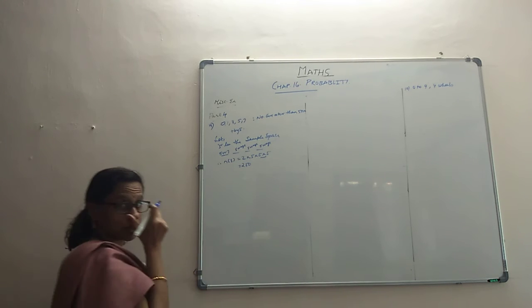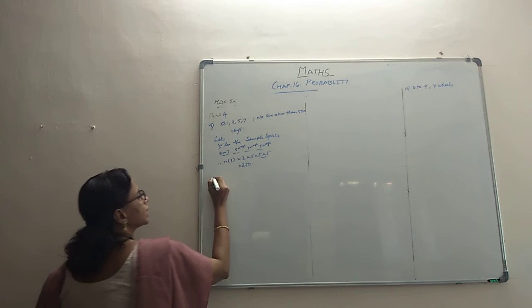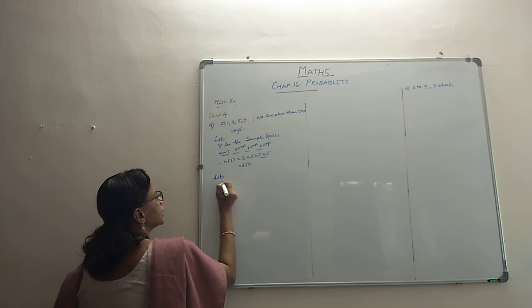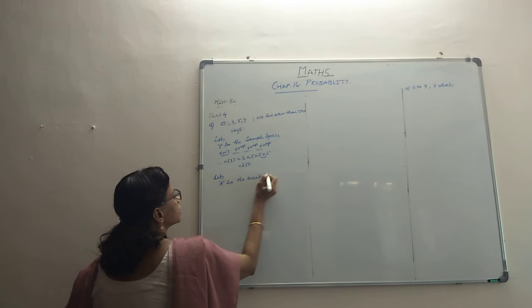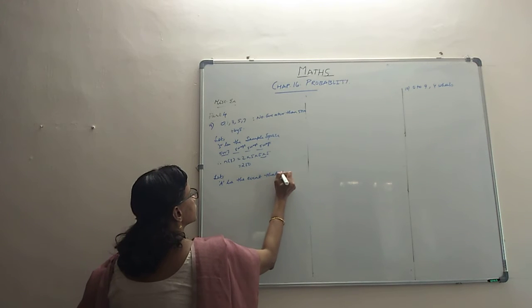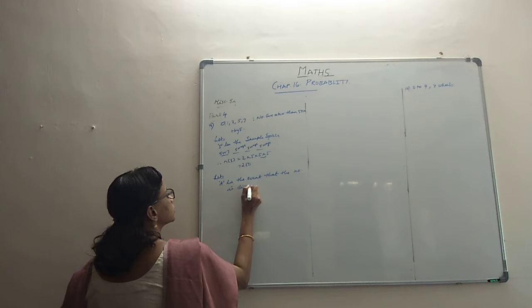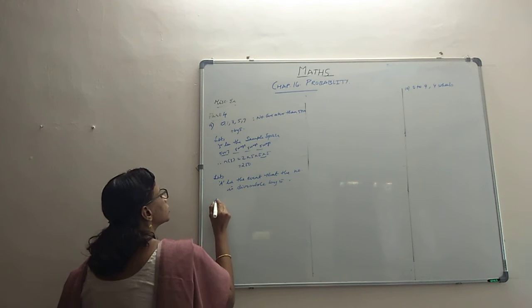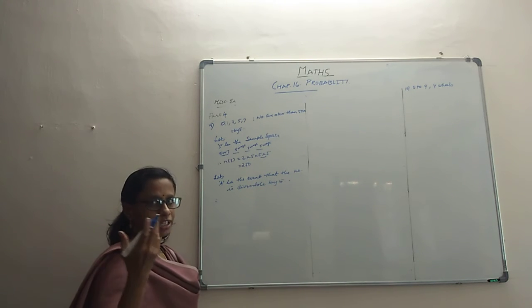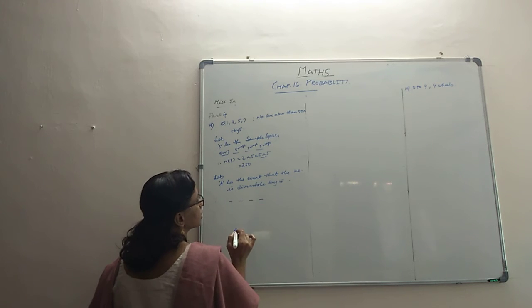That's the sample space. Now we will look out for the event A. Let A be the event that the number is divisible by 5. We will analyze and then try to get the numbers. Suppose we are looking at the 4-digit numbers.